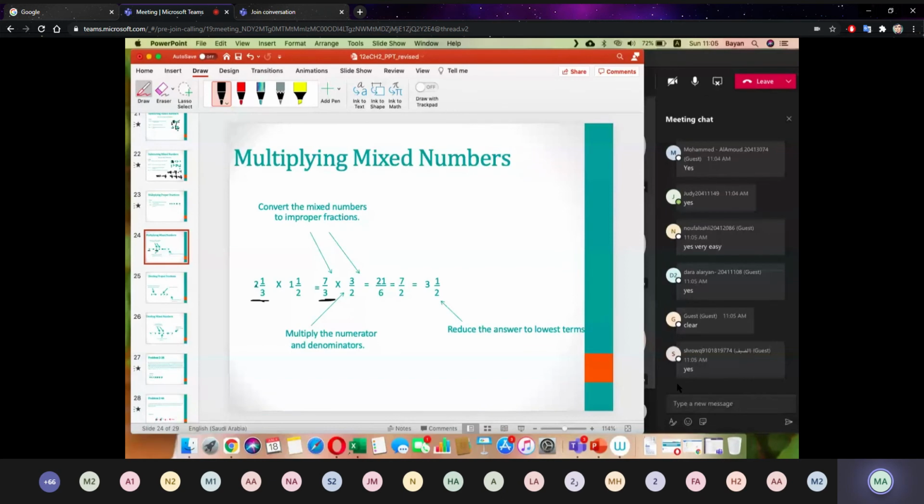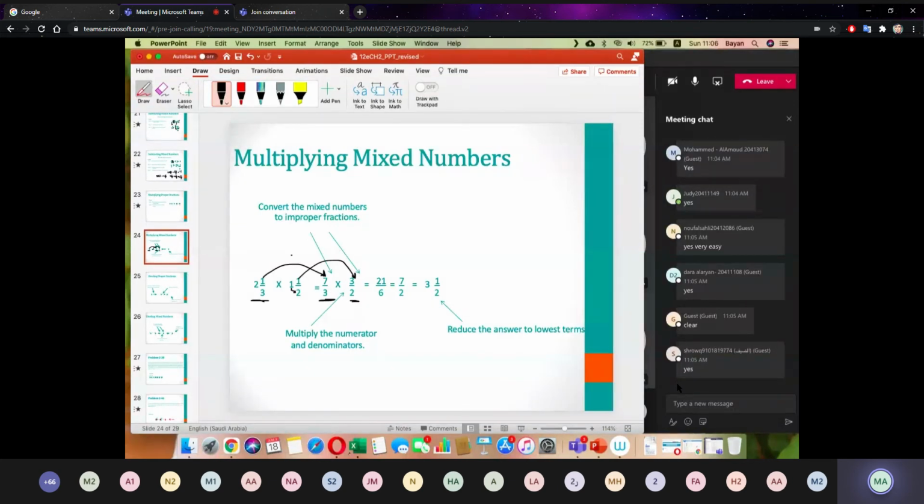So what should we do? We multiply 2 by 3, 2 times 3 will give you 6, plus 1 we will have 7 over 3. Here we have 1 multiplied by 2 will give you 2 plus 1 is 3 over 2.